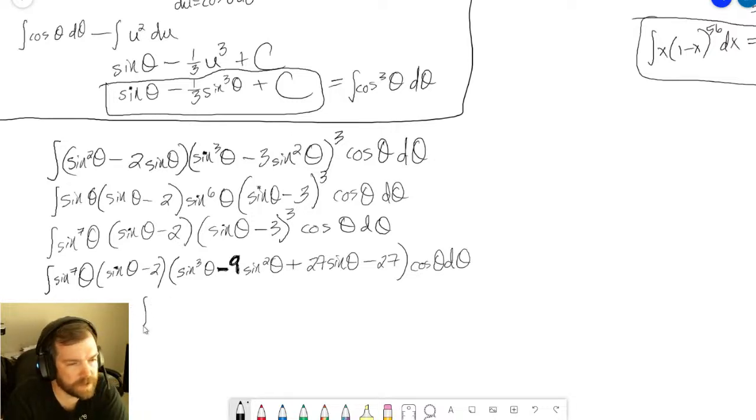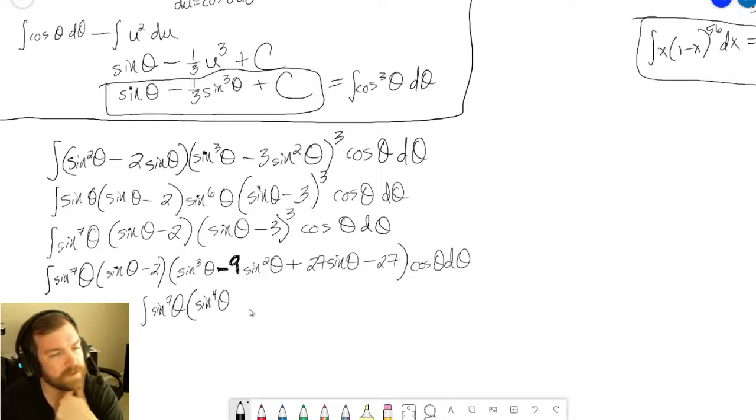All right, so integral sine to the 7th of theta times, this is where it gets a little interesting. We're going to have here sine to the 4th. This is going to be sine to the 3rd, and this is going to be sine to the 3rd.